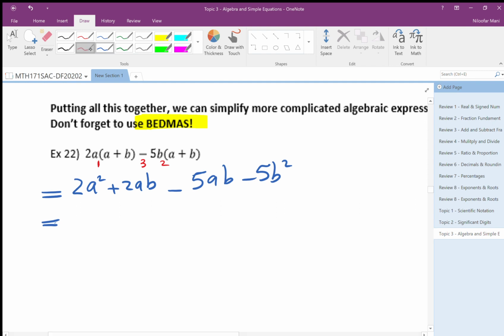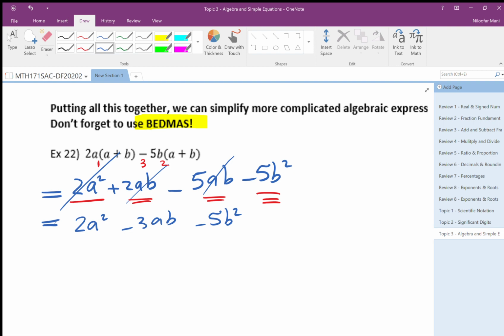And now I simplify, so this one, and this one. Okay, so the answer is 2a squared minus 3ab minus 5b squared. Okay, done.